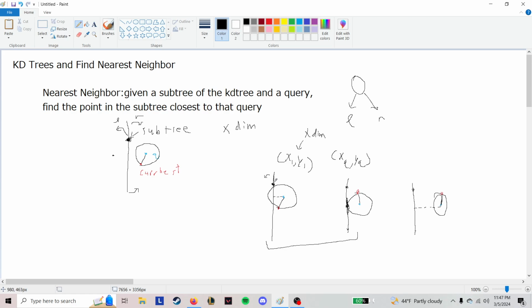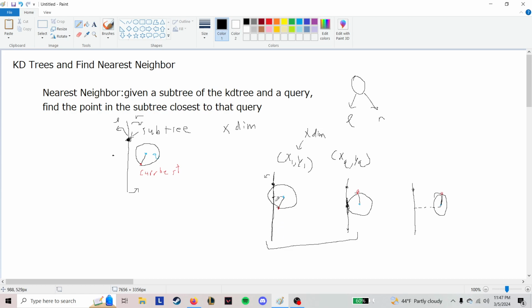Because all the points on this line, including this point here that I'm actually calculating the distance to, are going to have the same x coordinate as the point I split around. If I were splitting on the y dimension, all the points on the line would have the same y coordinate as the point I split around.